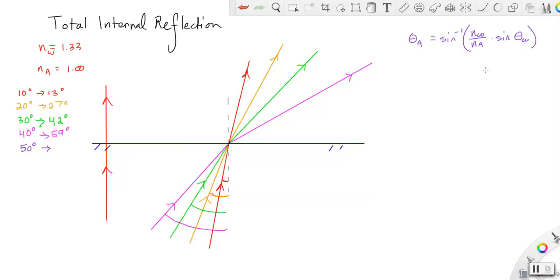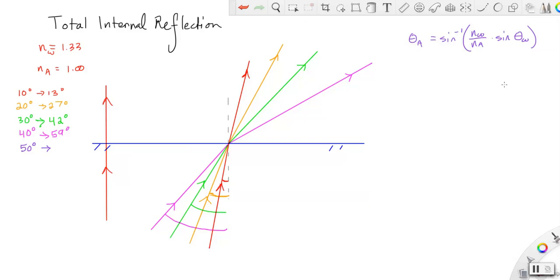If you put that in, you should get some result that is kind of nonsensical. Your calculator should give you something like error. My calculator actually gives me an imaginary number, so look for an i at the end of your result.